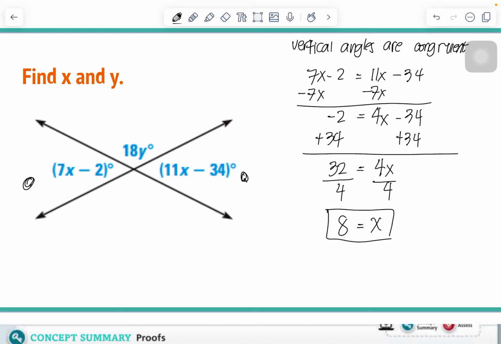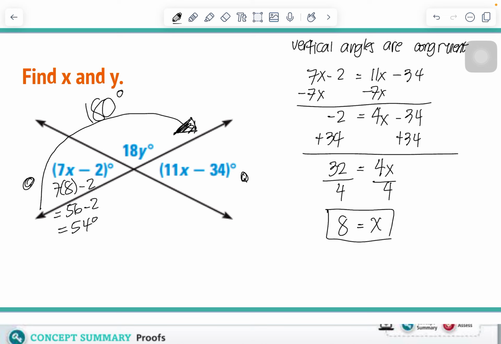Now, how do we find the value of y? So let's plug in first the value of x there. So 7 times 8 minus 2: 7 times 8 is 56 minus 2, and that will give you 54 degrees. If you have observed, this is a linear pair, right? So if it's a linear pair, it has a sum of 180 degrees.